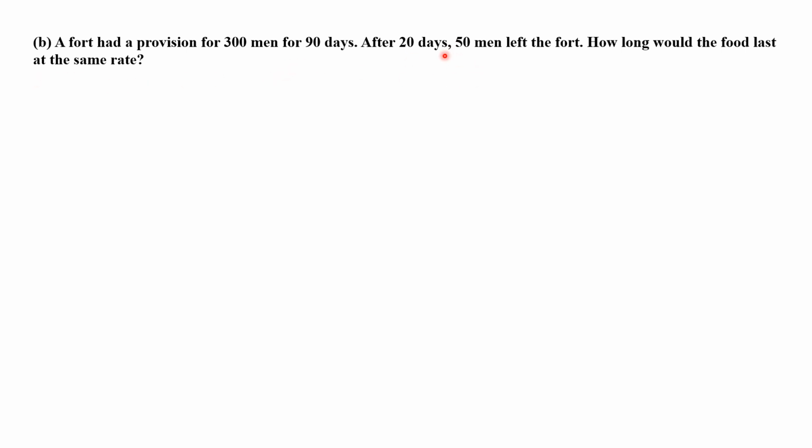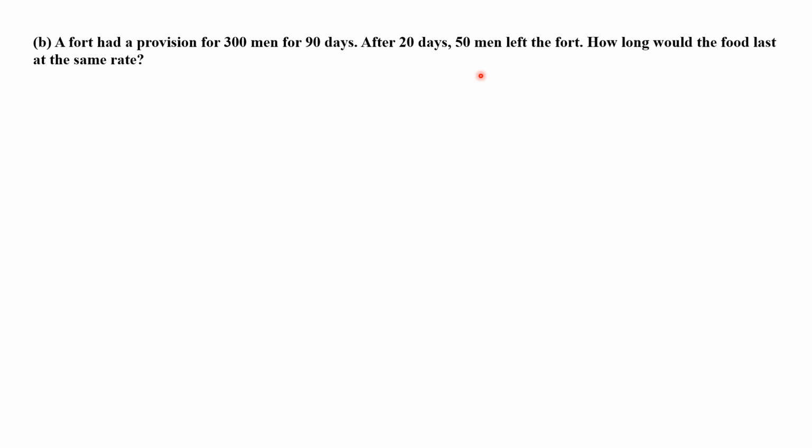So when the number of people becomes less, what will happen? The food will last for more days or for fewer days? Obviously in a house also, if the number of men is more, the food requirement will also be more, right? And the food will last for fewer days. Suppose in a month you have purchased some groceries, and more guests come to your home, then what will happen?